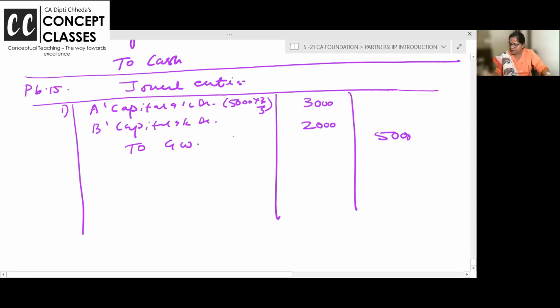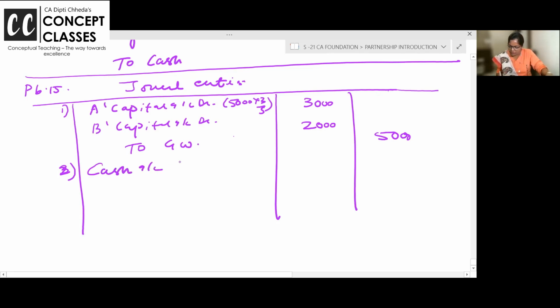3,000 and the rest to B. A and B account debit to goodwill. Being old goodwill is written off. Now, new goodwill is 4,000 and C is bringing the 1/4 share in cash.